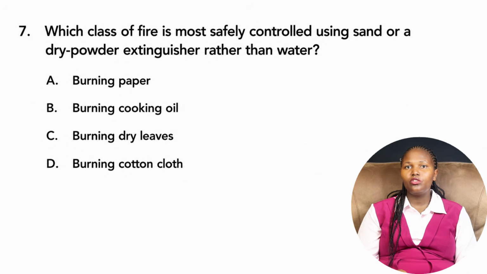So water should not be used on hot oil. And then C, burning dry leaves, water can be used there because dry leaves are ordinary combustible solid. And then D, cotton is also an ordinary combustible solid. So that one can also be cooled off using water. We can use water to extinguish the fire.